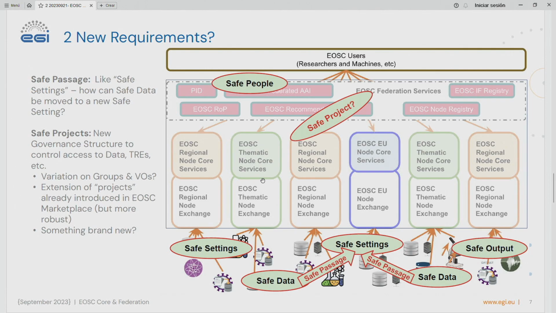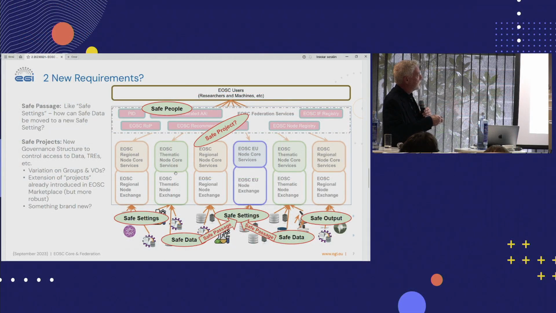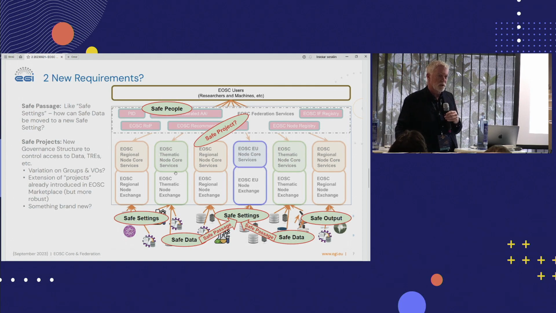We might be able to twist and bend the existing groups and virtual organizations within the federated AAI system. We might be able to take the project concept that has already been introduced into the EOSC marketplace, but that's a very soft technical capability, and it's not very robust, so we probably need something new.